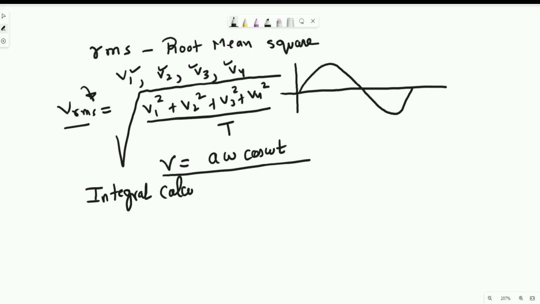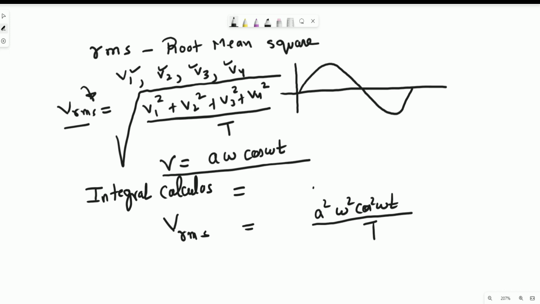So we will use integral calculus, and the integral calculus says the root mean square value of any function is given by the square of the function. So you do the square of this function, divide it by the time period across which it is happening, and then you integrate it and take the square root of that.